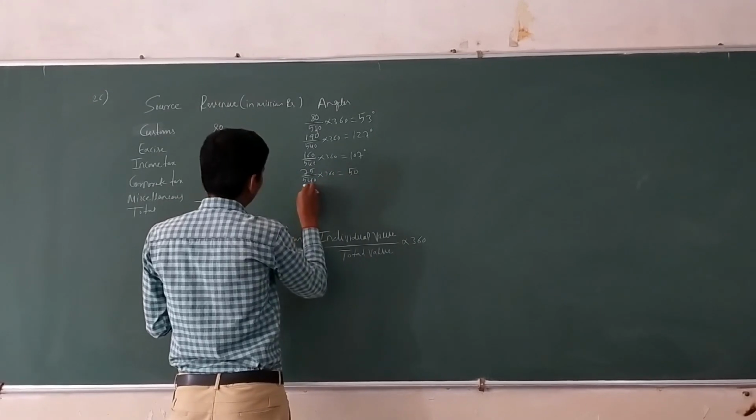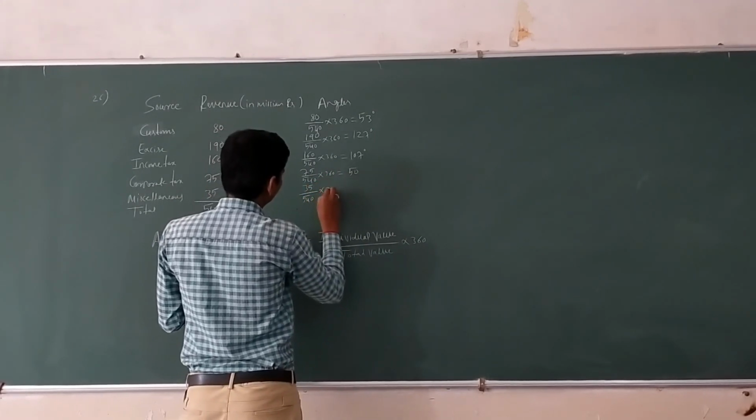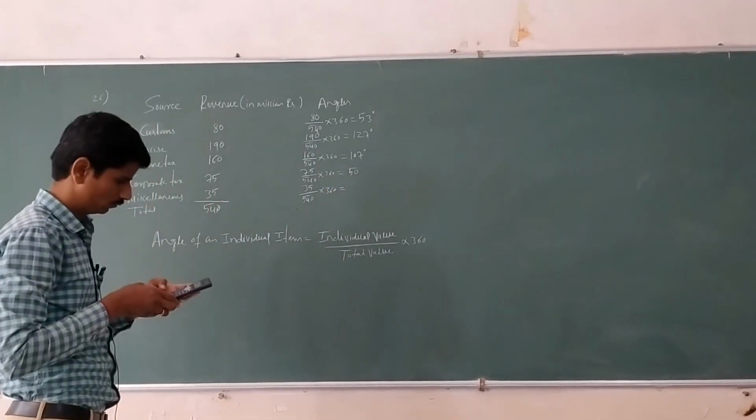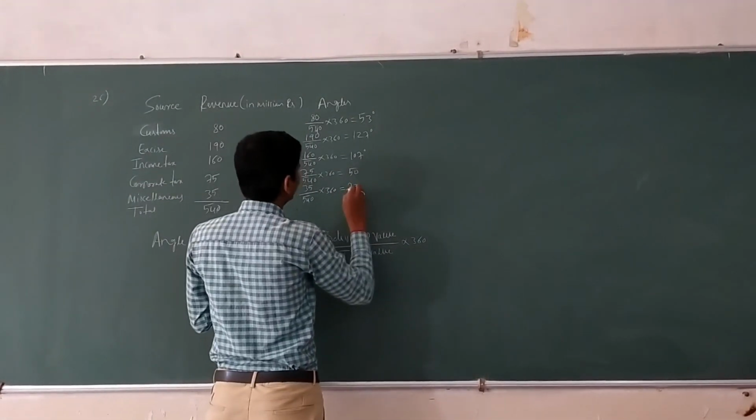Next, 35 divided by 540 into 360, then you get 23.33, which means take 23 degrees.